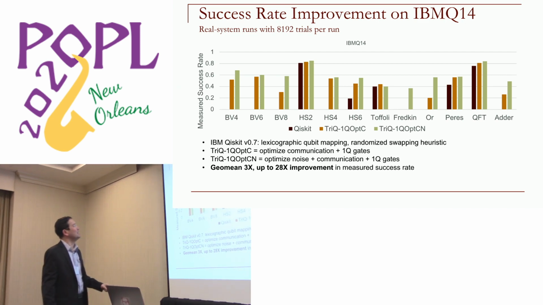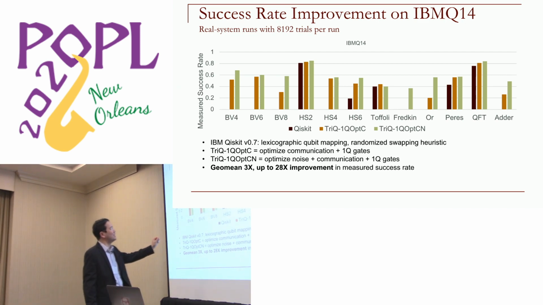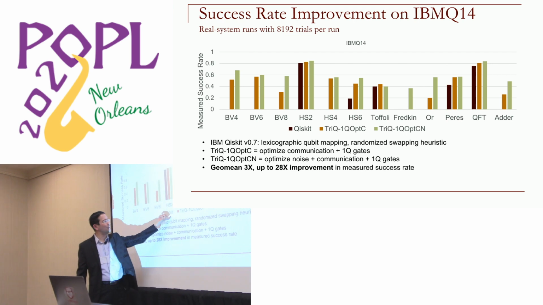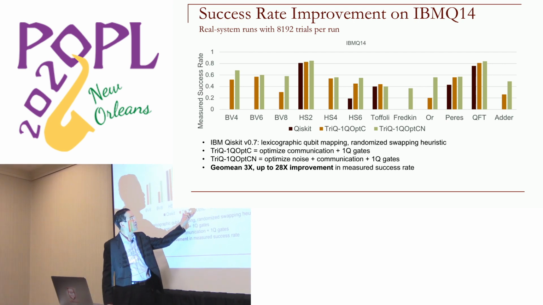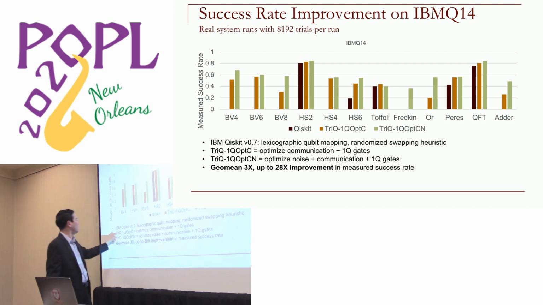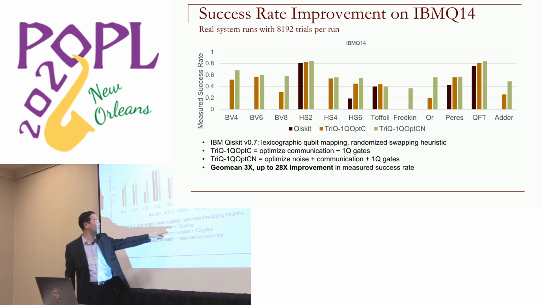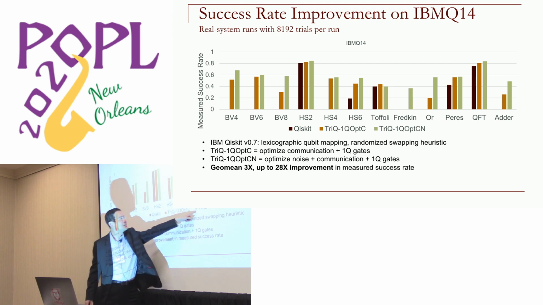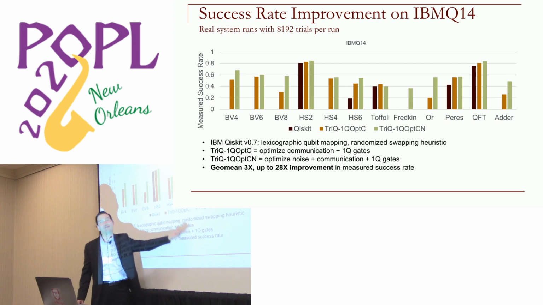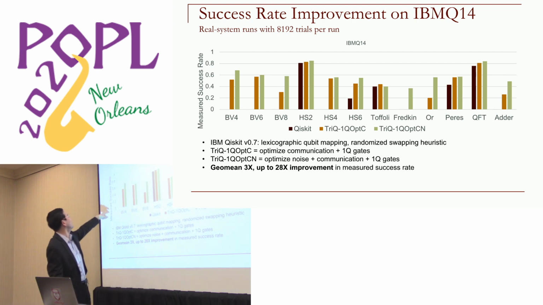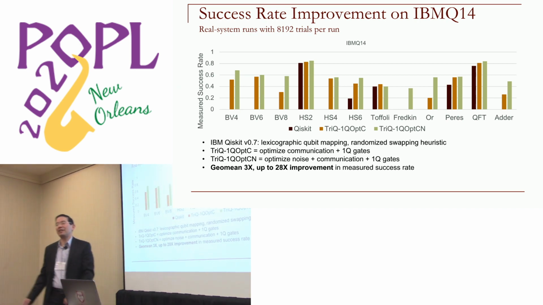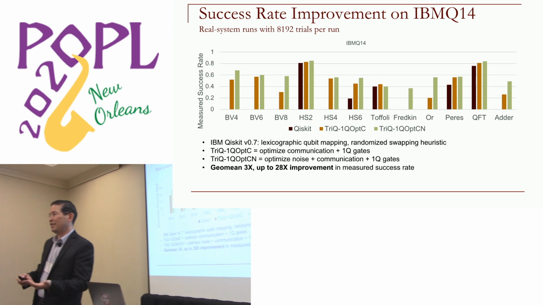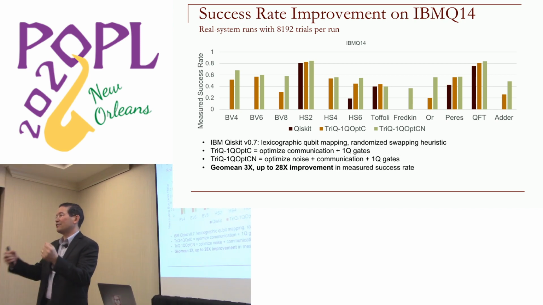And what we see is that if we compare the old version of the compiler, optimized for communication and 1-qubit gates, versus a version optimized for noise and communication and 1-qubit gates, what you get is a much higher success rate. And let me explain: when you run on one of these machines, you typically run something like 1,000 trials.